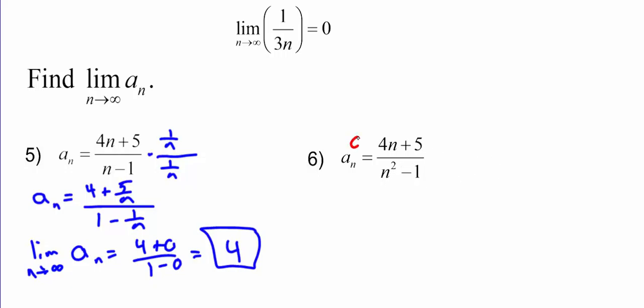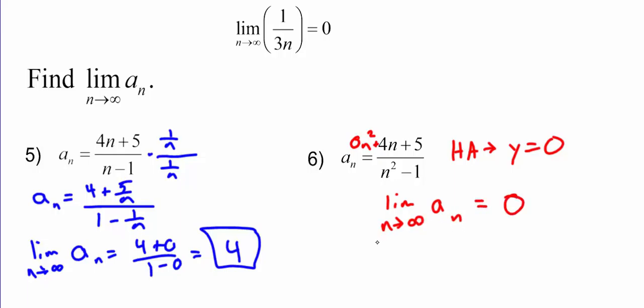I'm going to use asymptotes this time, so 0n squared plus 4n plus 5, and we have a horizontal asymptote at y equals 0 over 1, or just simply y equals 0. And so that means our limit as n approaches infinity of our sequence a sub n would be exactly 0.